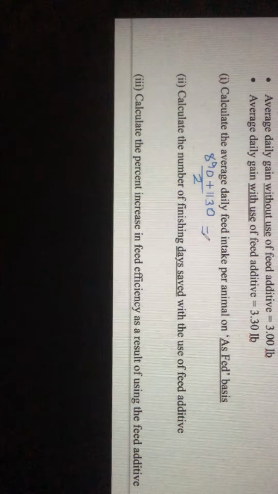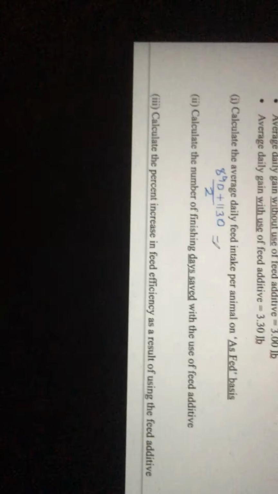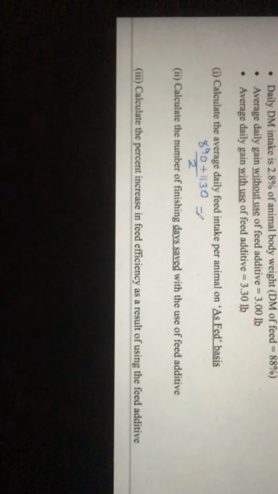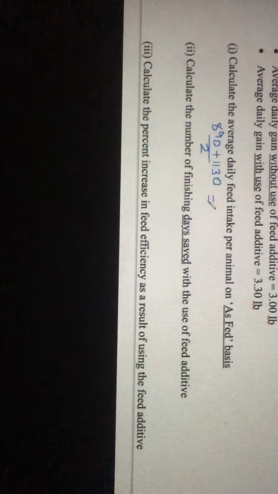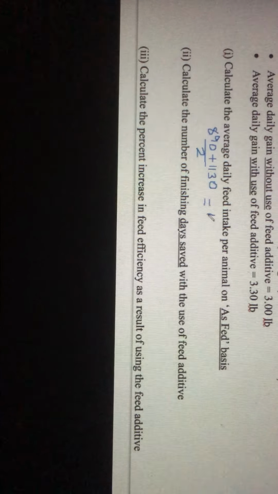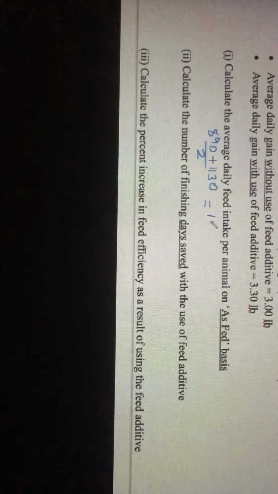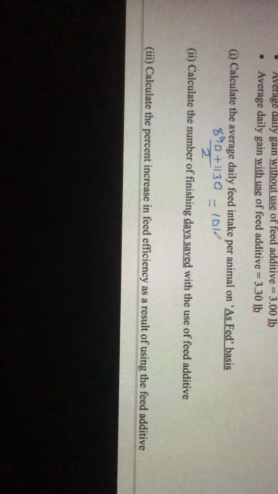So let me get my calculator here. 80-90 plus 1130 divided by 2. I see 1010. Everyone has the same here? Is it 1010? Yes. 1010.